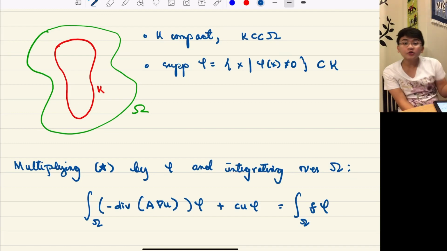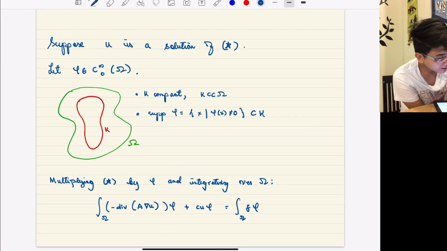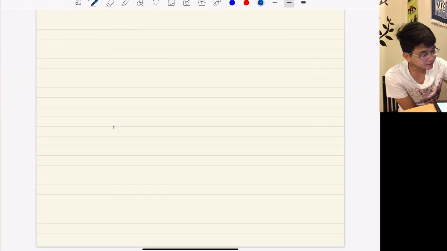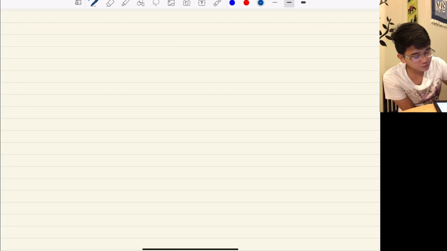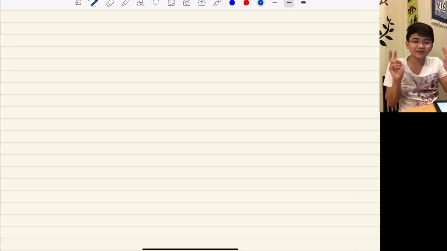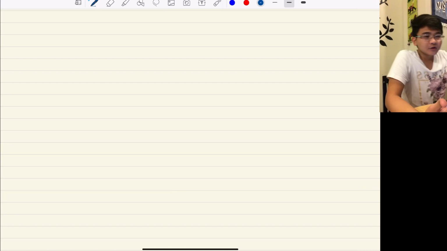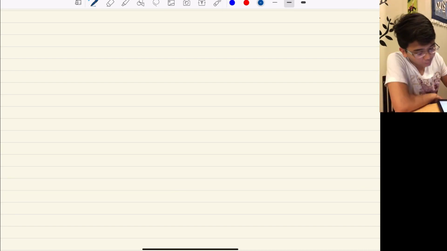Okay, now what do we do? So we are trying to develop the notion of a weak solution, and as the name implies, it's a weaker form of a solution, meaning that hopefully we're going to require less from you. So we're going to use this little trick where we look at the second order term.